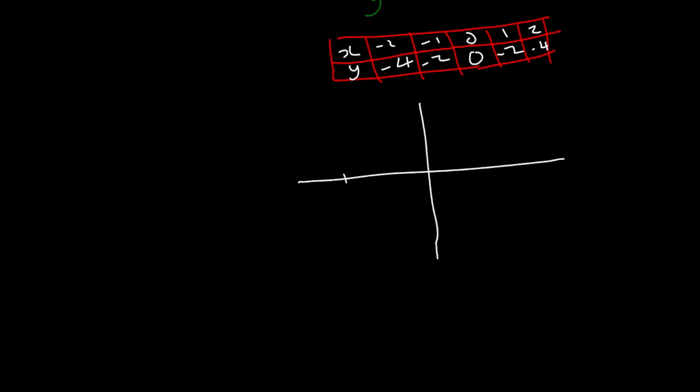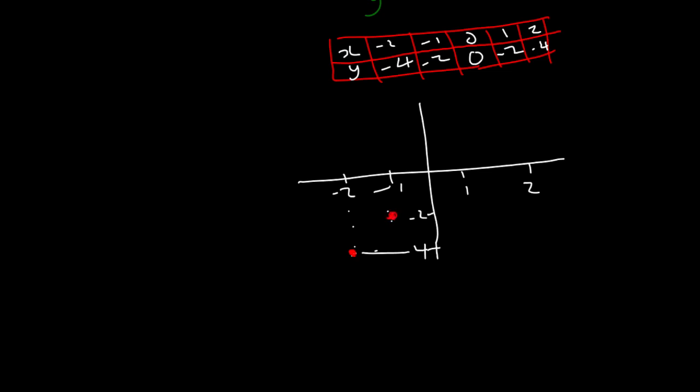If this is -2, -1, 1, 2, we can put -4 somewhere here, so they meet right at this point. And -1 and -2 is the point here.